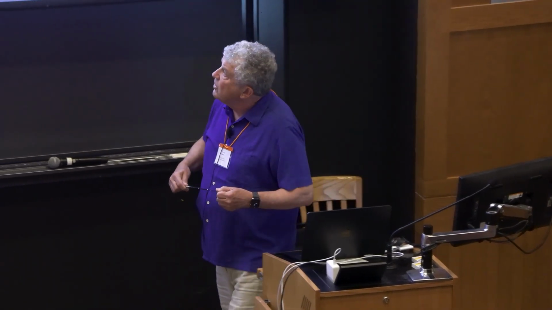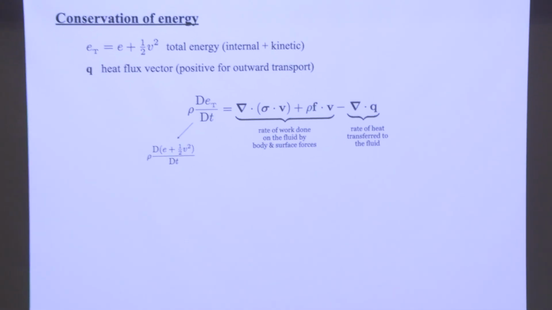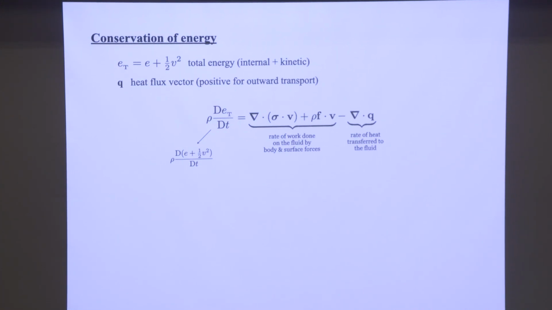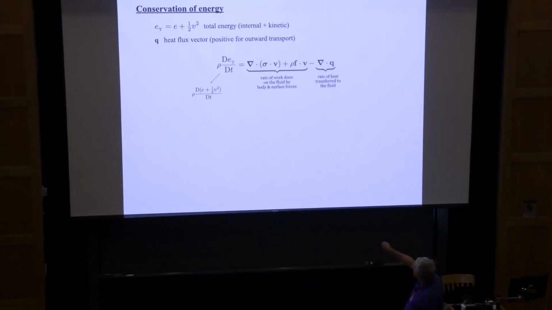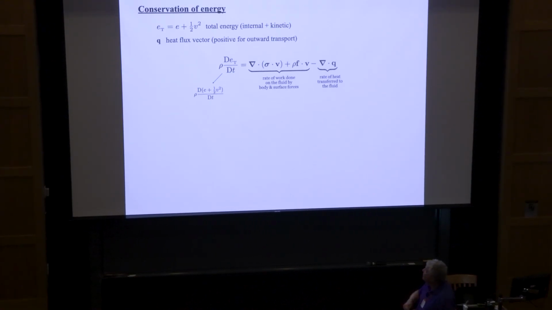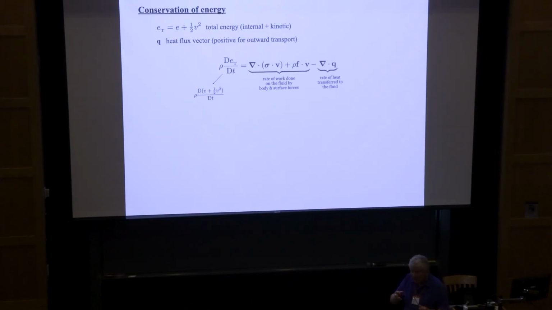The third conservation law is conservation of energy, and I want to write it first in terms of the total energy, ET, which consists of the internal energy plus the kinetic energy, half V squared. And then the time rate of change of the energy of a fluid particle, which is the left part of the equation, is equal to all the work, first the rate of the work done on the fluid particle by both body and surface forces.